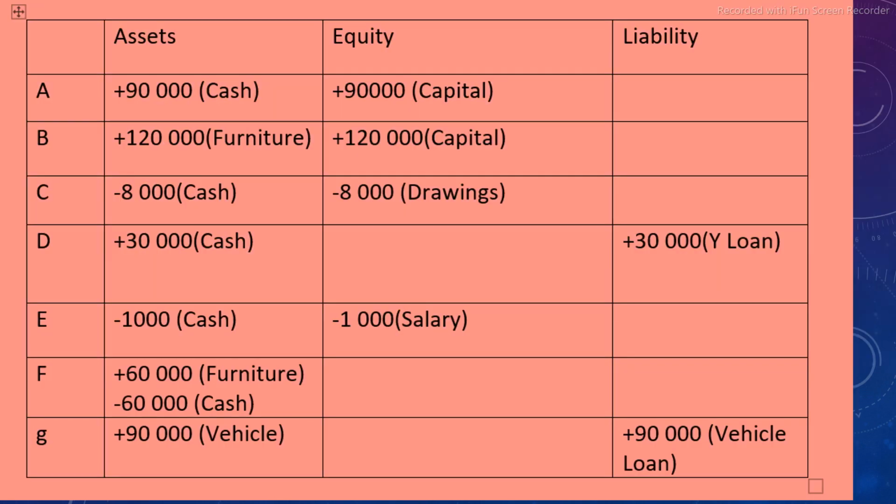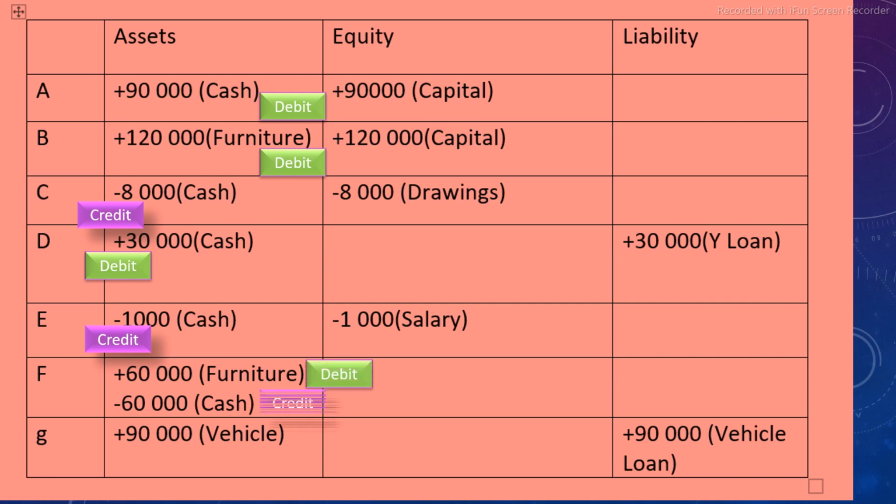If you see one more example here, 90,000 cash increases. Since it is an asset, we can say it is debit. Number two, furniture increases, an asset, debit. C, asset decreases, credit. D, asset increases, debit. E, credit. F, there is a plus and minus, no problem.